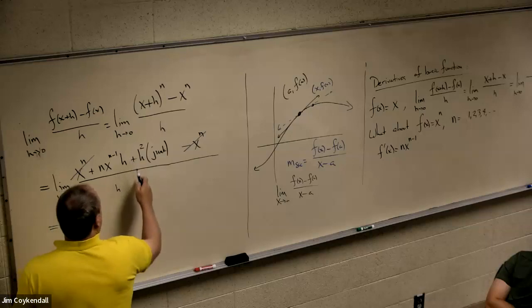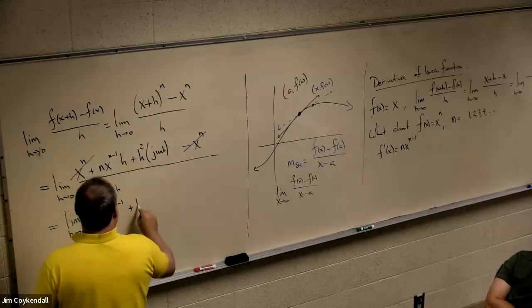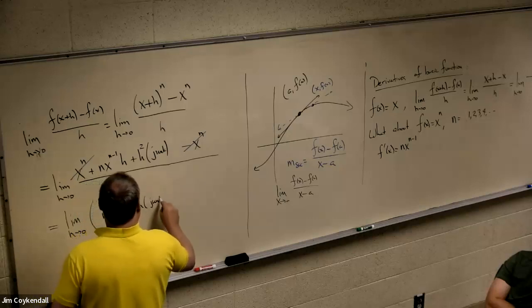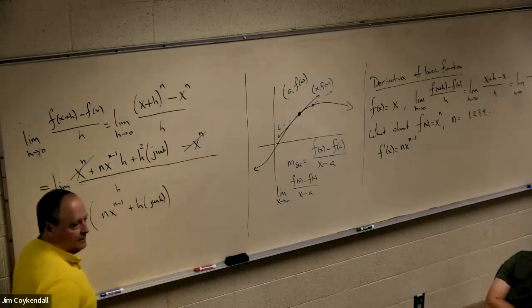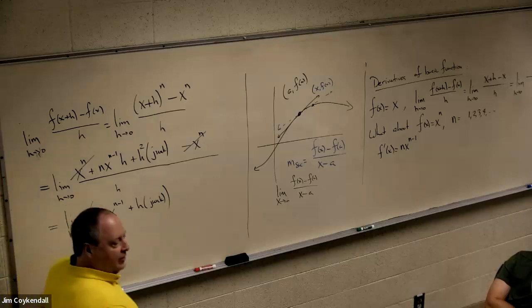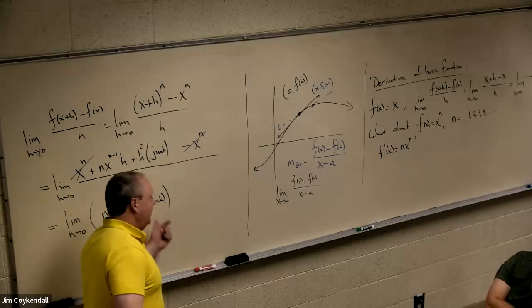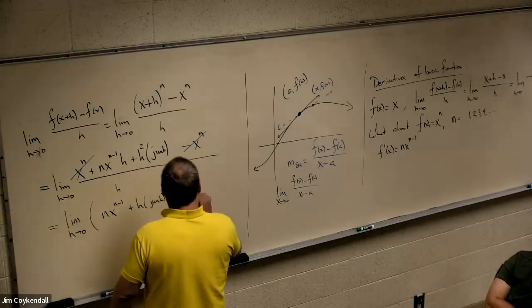I kill that and kill this, so I get n x to the n minus 1 plus h junk. Now, what you're supposed to have is h goes to 0.